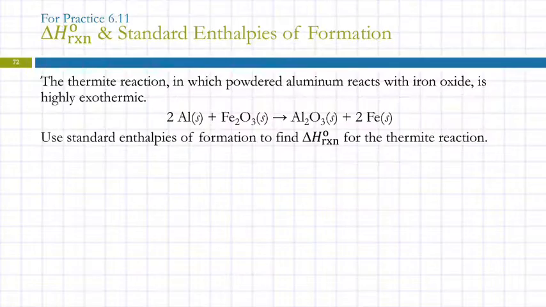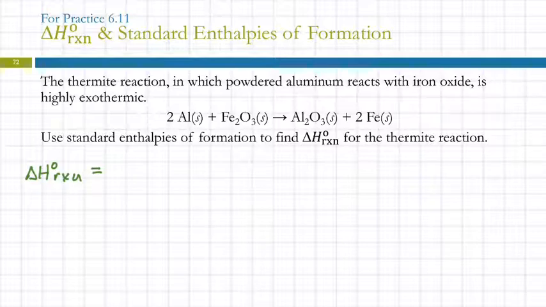We have an example here. Yep. Thermite reaction. Fun reaction. Powdered aluminum reacts with iron oxide. It's highly exothermic. Use standard enthalpies of formation to find the standard heat of reaction for the thermite reaction. So we're looking for standard heat of reaction.